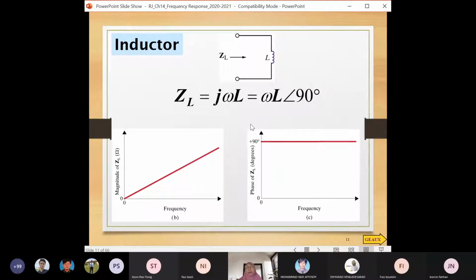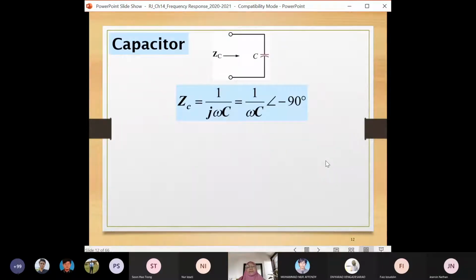For a capacitor, the impedance is given by 1 over j omega C, which in polar form is 1 over omega C angle negative 90 degrees, and this negative 90 degrees means that it is lagging, it's behind.